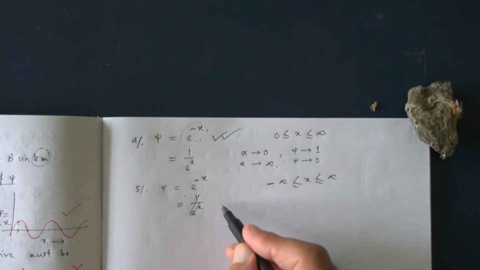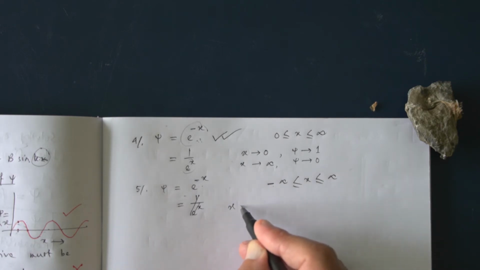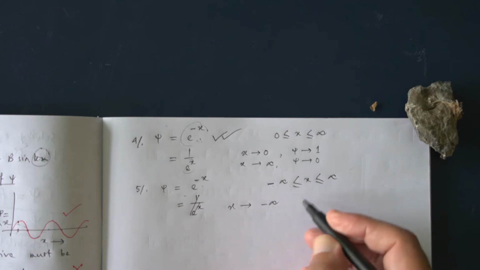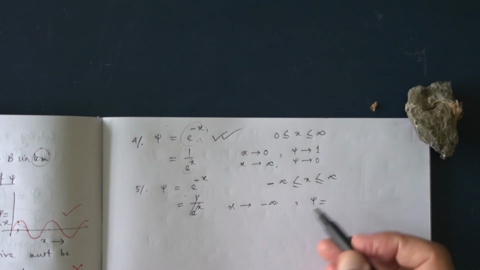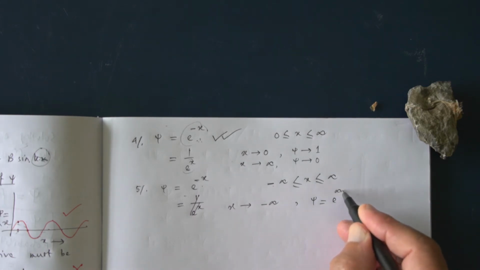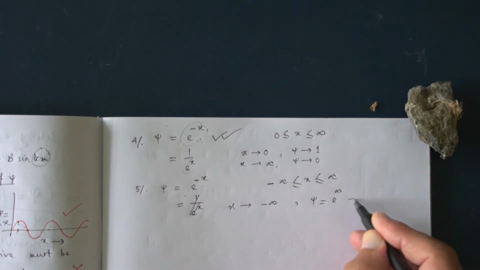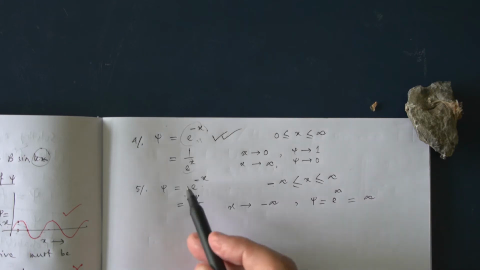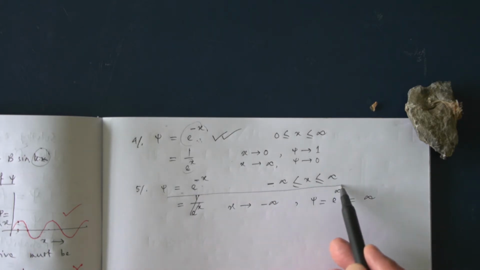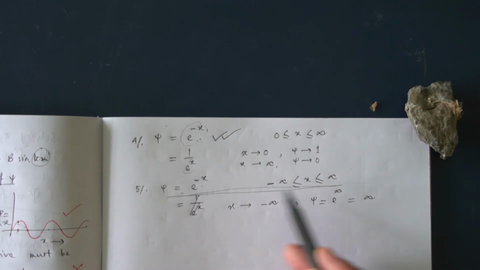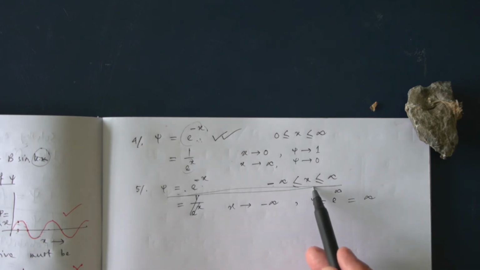So when x tends to minus infinity, psi will become e to the power infinity, that means infinity. So this function is not well behaved within this limit.